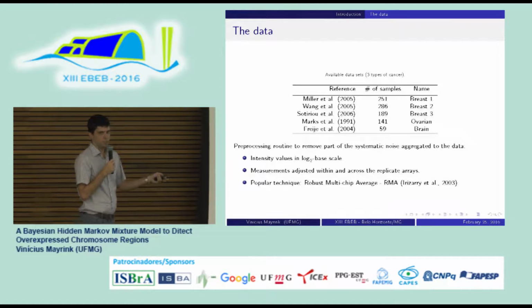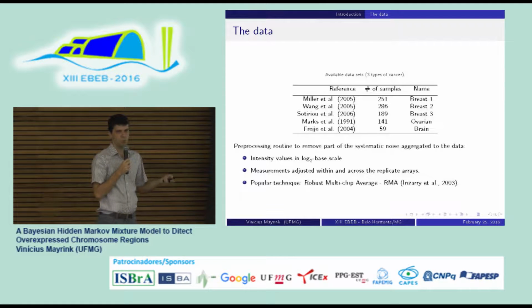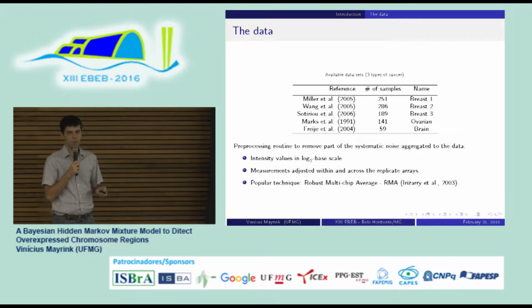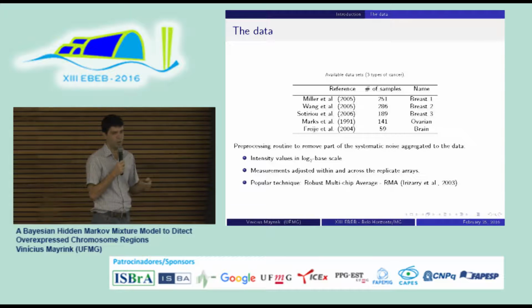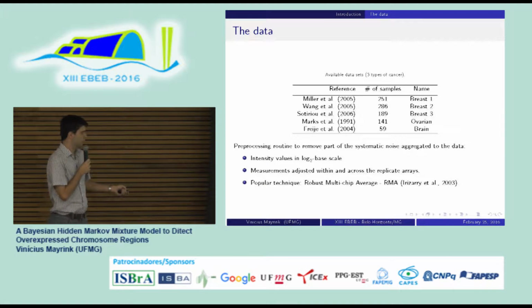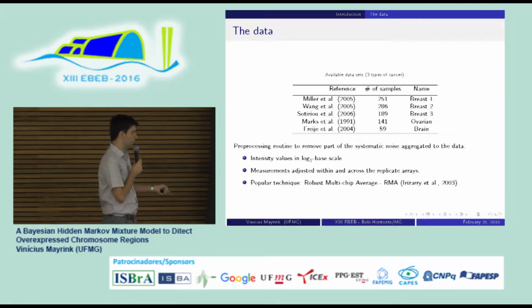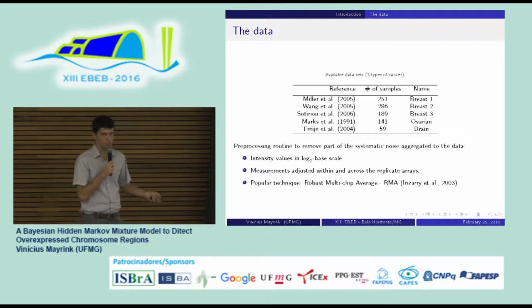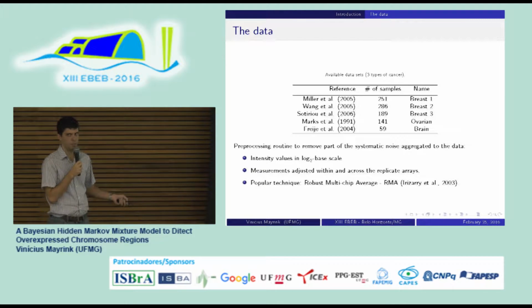And the raw data should go through some pre-processing steps before being ready to use. Basically, we will apply log2 base scale and then adjust the measurements within and across the chips. Okay, in order to do that, we use a very popular technique, which is the RMA.